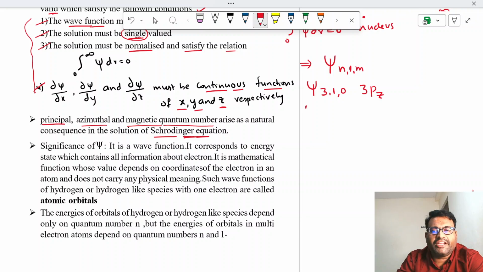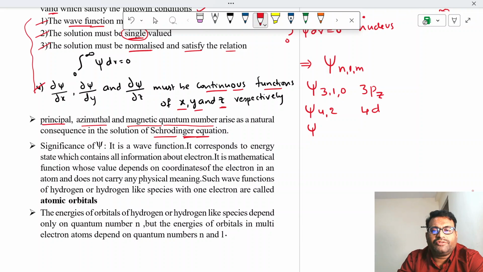Psi 4, 2, if it is given in this way, then which orbital will it be? 4. For which orbital is the l value equal to 2? d. So 4d orbital.